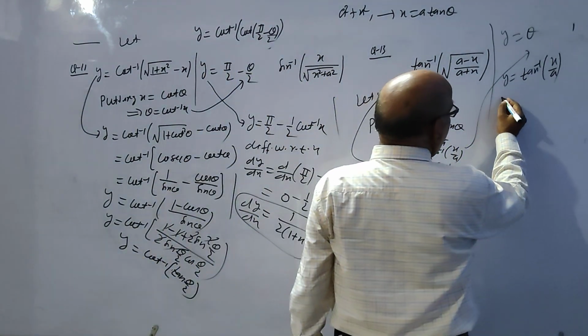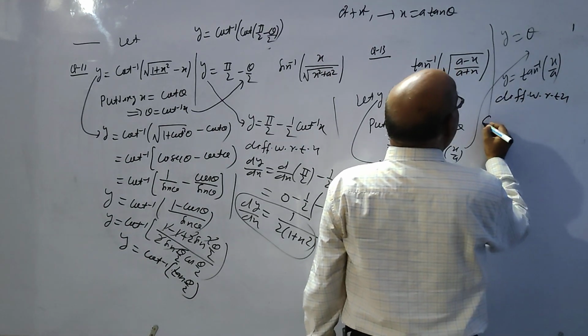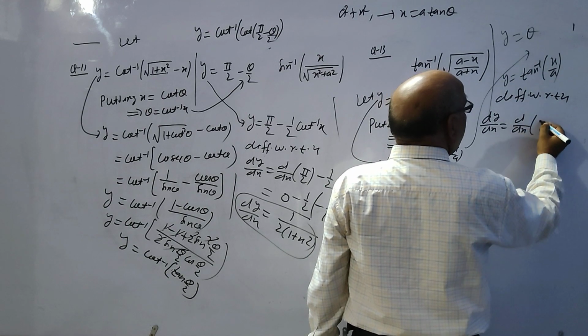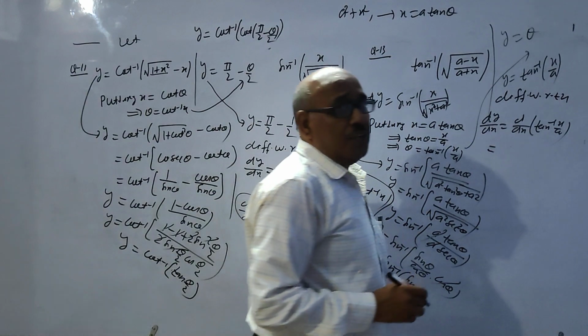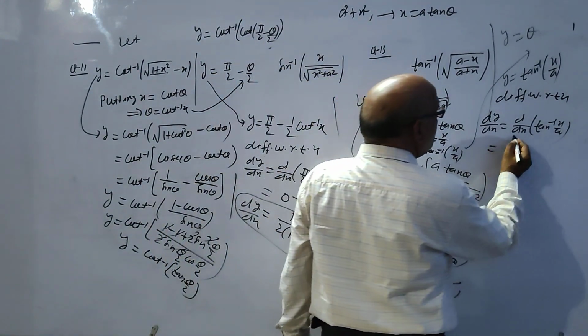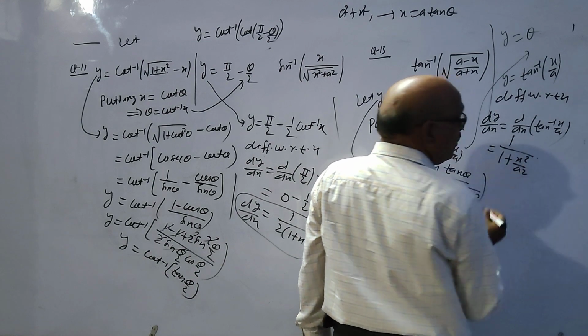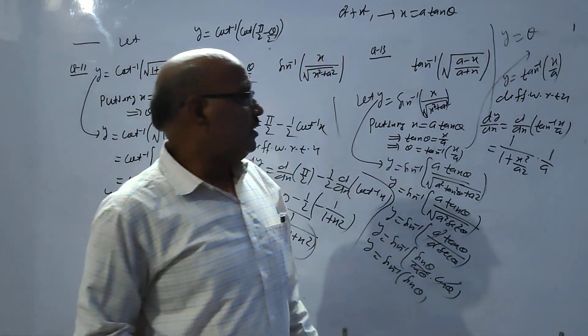Now differentiating with respect to x, what we have, dy over dx is d over dx of tan inverse x upon a. What will be the differentiation of tan inverse x upon a? That is 1 upon 1 plus x square upon a square, and differentiation of x upon a is equal to 1 upon a by chain rule.